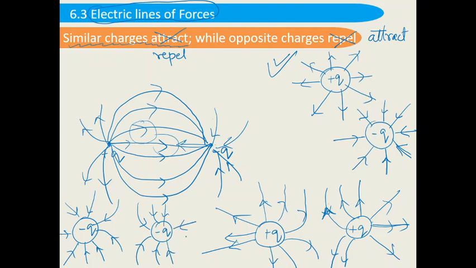So again this is an abnormal case. Electric lines of forces have to move away from each other. So that's why these are facing a repulsive force in order to get stability. So the attractive force and repulsive force are actually because of electric lines of forces.